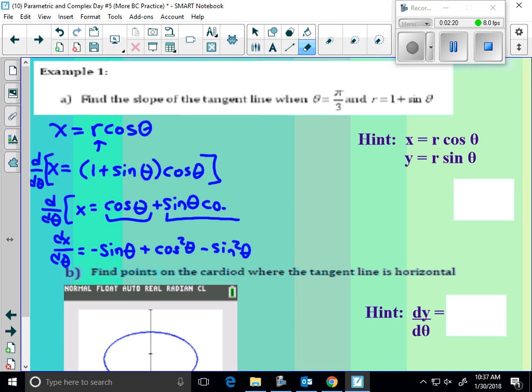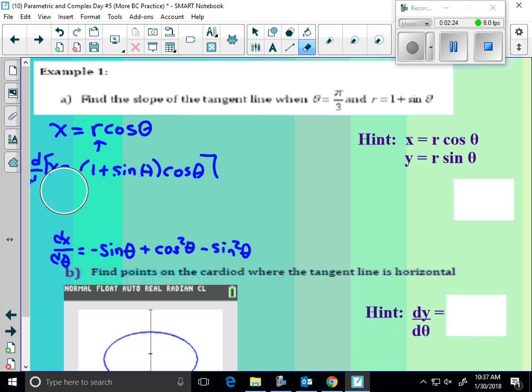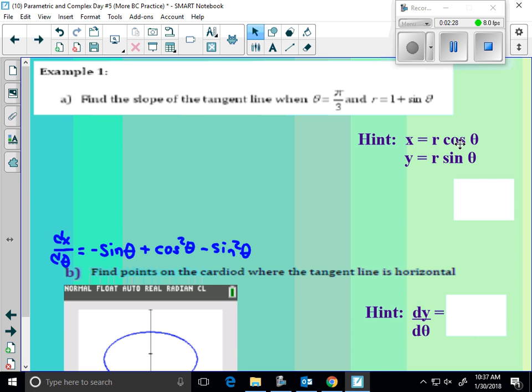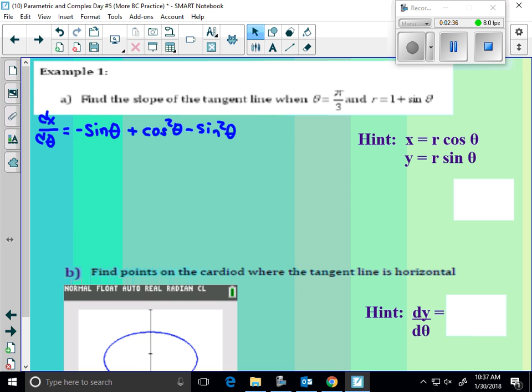Okay, so I'm going to get rid of all this if you're okay with that, just to save some space. And using x equals r cosine theta, I now know dx d theta equals this. I would not try to simplify that using any sort of identities. I just leave it right there.